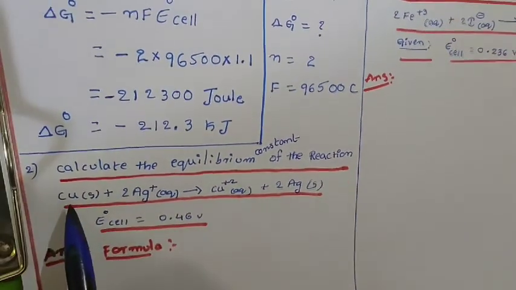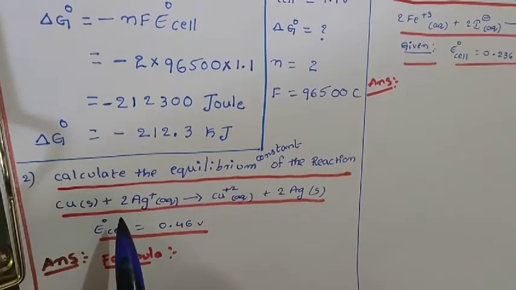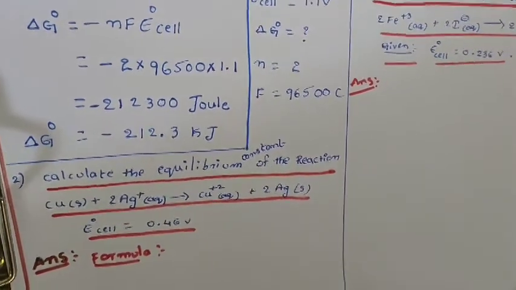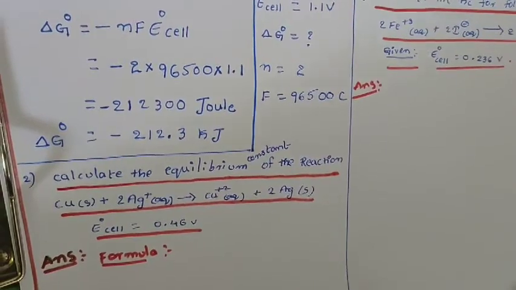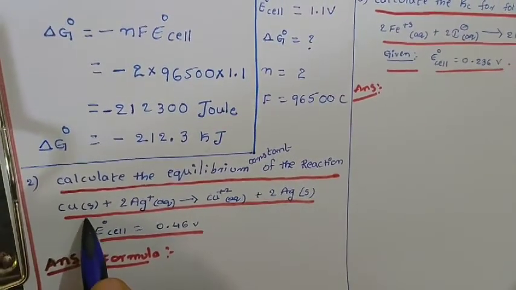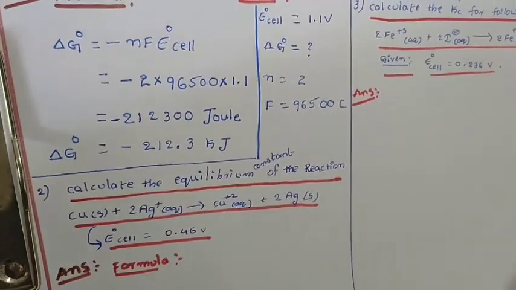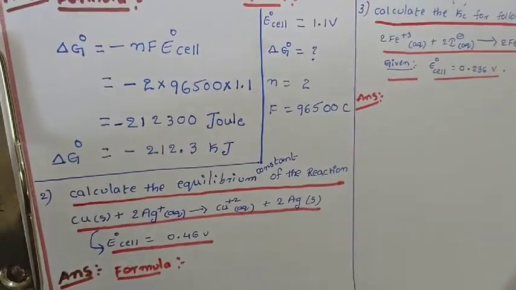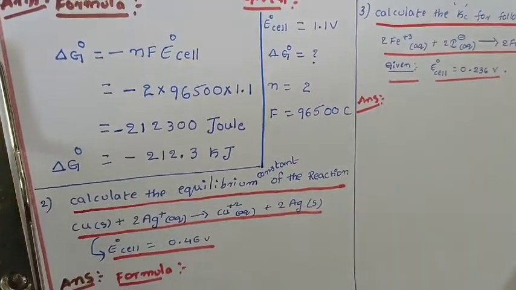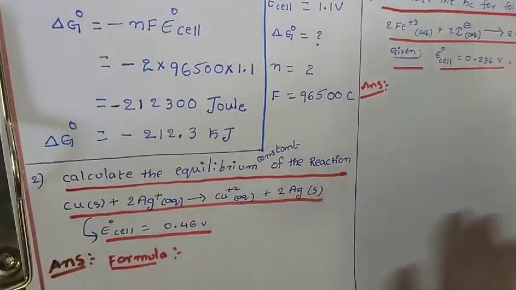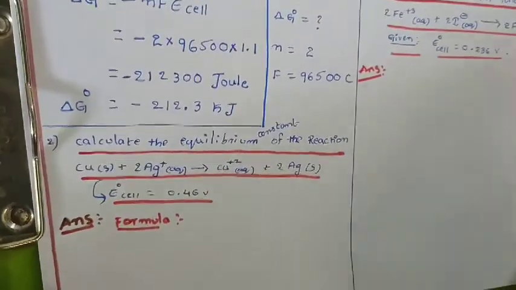This is the reaction: Cu solid plus 2Ag plus gives Cu plus 2 plus 2Ag. What is given? For this reaction E naught cell is equal to 0.46 volt. Then we have to calculate the equilibrium constant.